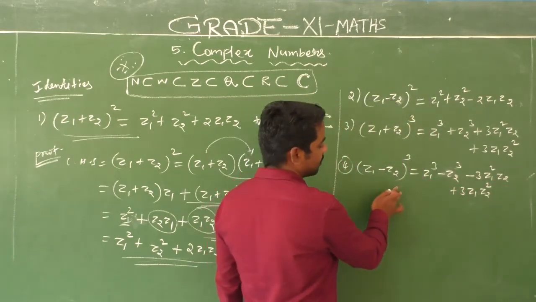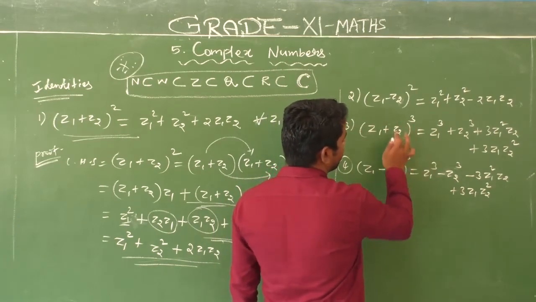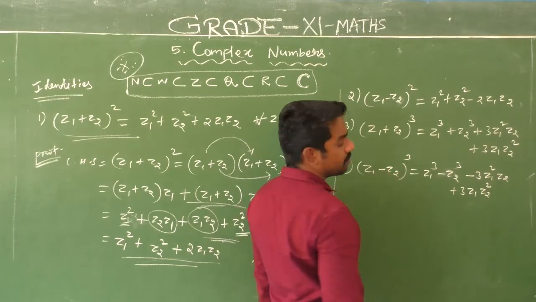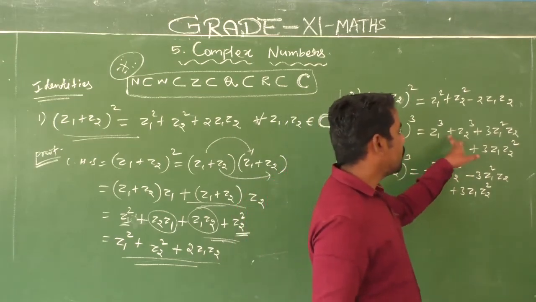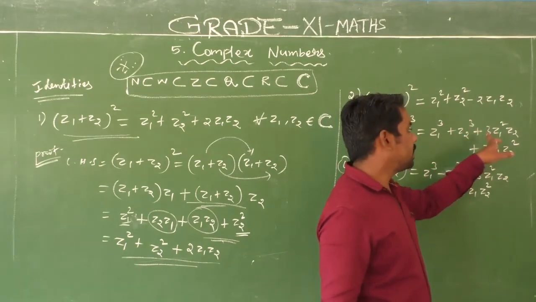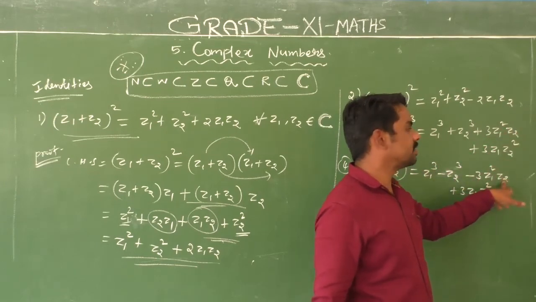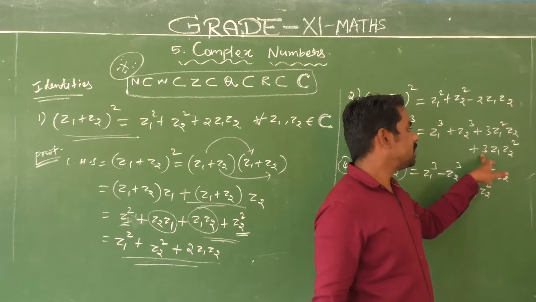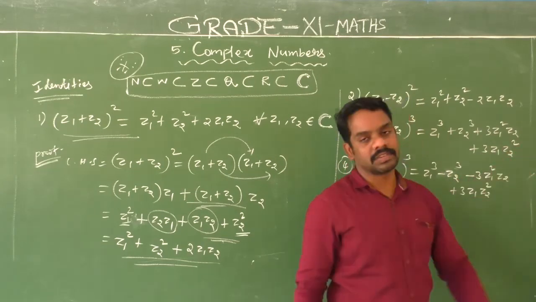This formula is simple: replace plus Z2 by minus Z2 in the previous formula. So Z1 cube, and minus Z2 the whole cube is minus Z2 cube, and plus 3 Z1 square into minus Z2 is minus 3 Z1 square into Z2, plus 3 Z1 into minus Z2 the whole square, which is positive. So plus 3 Z1 Z2 square.